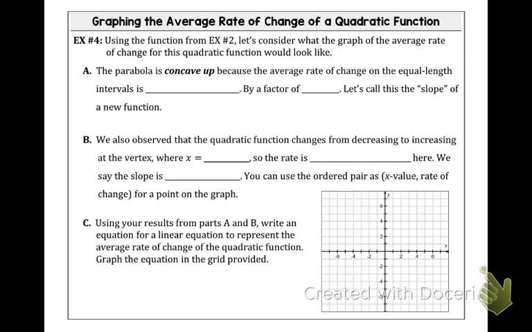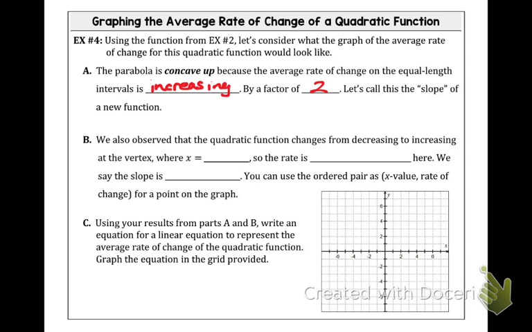Because the average rate of change on the equal length intervals, is it increasing or decreasing if my function is concave up? Increasing, good. And it was increasing by a factor of, what was it, 2? All right, so we're going to call that the slope of the new function.